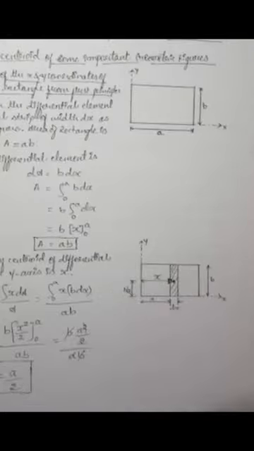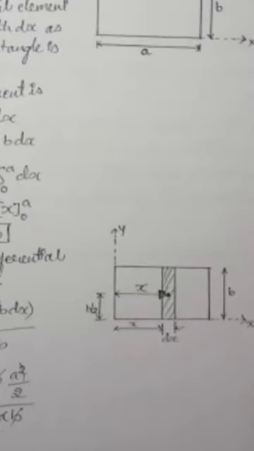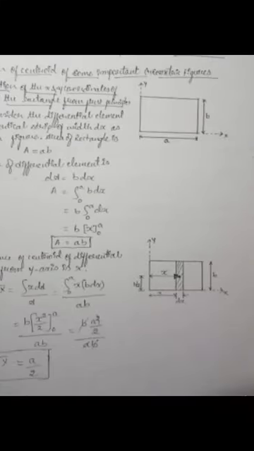Same as in the previous one, here y is b divided by 2. What is b divided by 2? You can see here the total distance is b. So at the centroid, the dotted point will be at the center, so it will be b divided by 2. So the y bar distance, whatever I have shown here, will be b divided by 2.